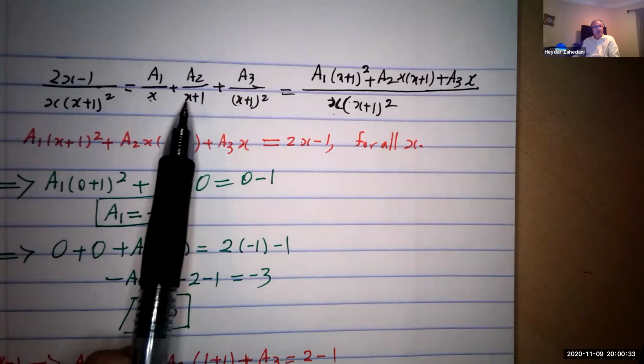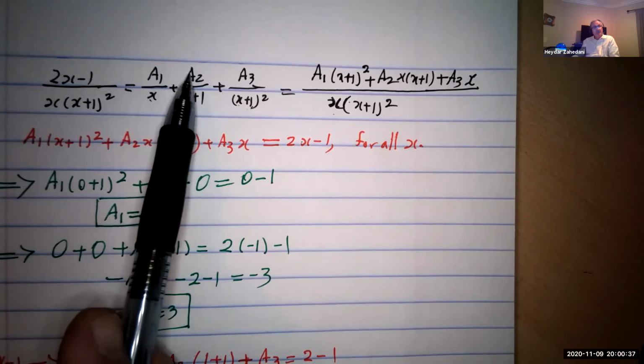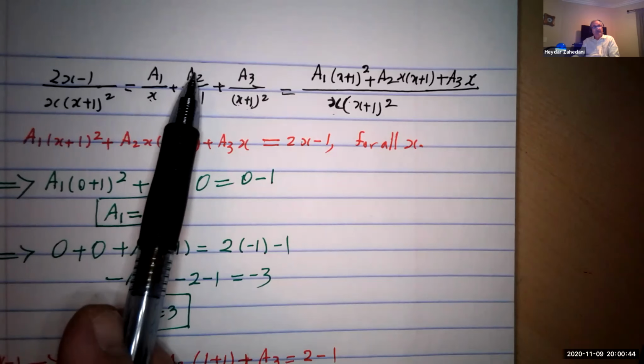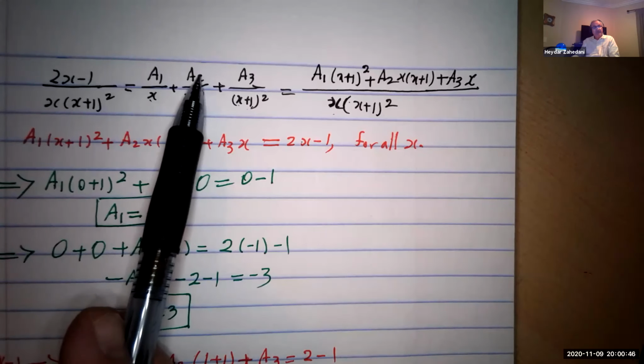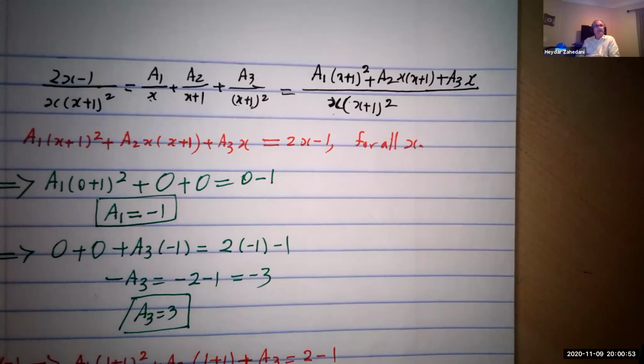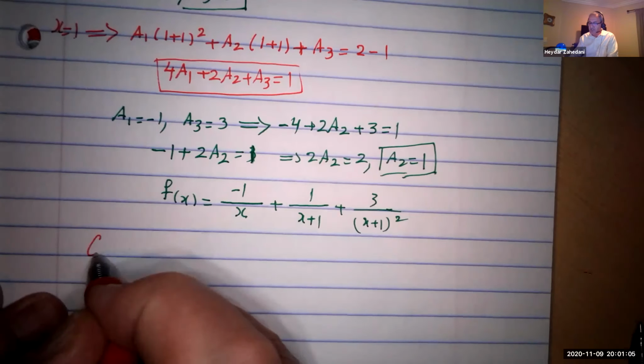Since you are going to have x squared, you have to put something on the top with a smaller degree. So when the degree is 2, on the top it's possible to have 0 or 1. That's why we have to change the top into something like ax plus b to get those numbers. The algebra involved is going to be a little bit more, but it's not difficult. That's the one we call case 3.